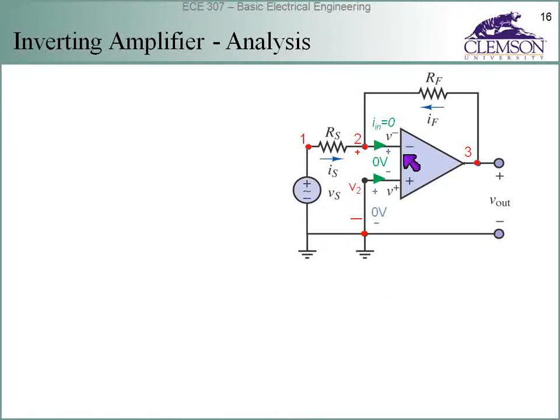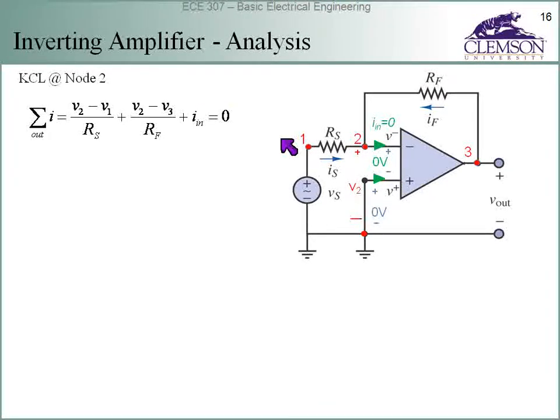Here's how we analyze it. I've drawn those assumptions on here again because we're going to need those. We can write a Kirchhoff's Current Law at node 2. So right here, we can sum the currents out of that node. We can say that (V2 minus V1) over RS, that's that current away, plus (V2 minus V3) over RF, plus IN equal to 0.